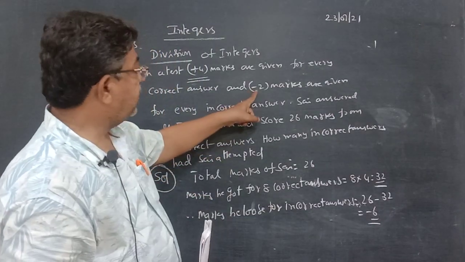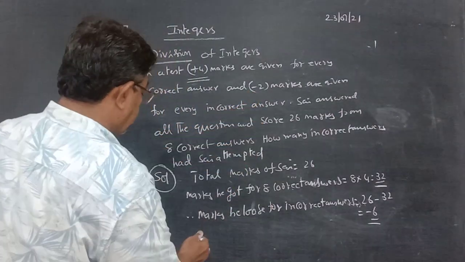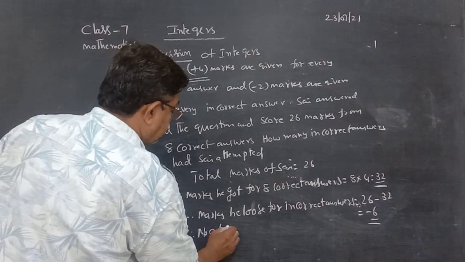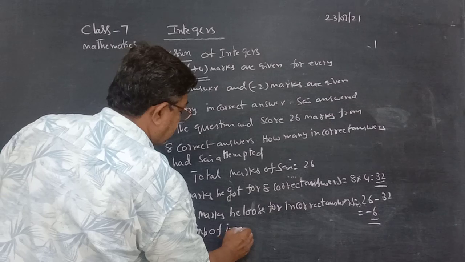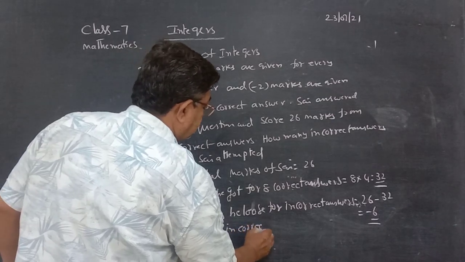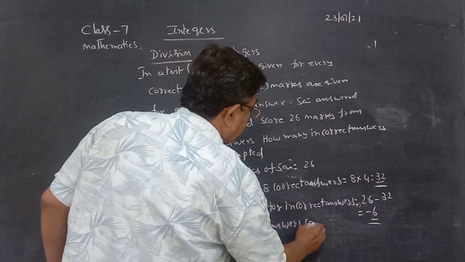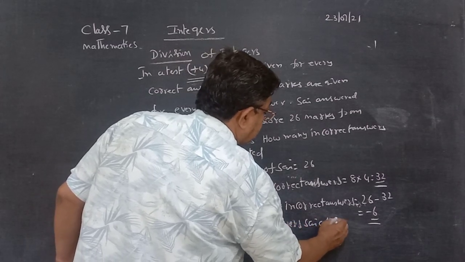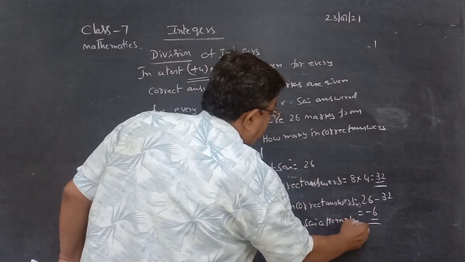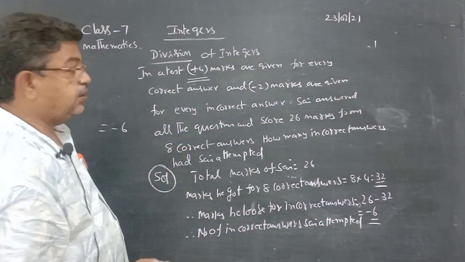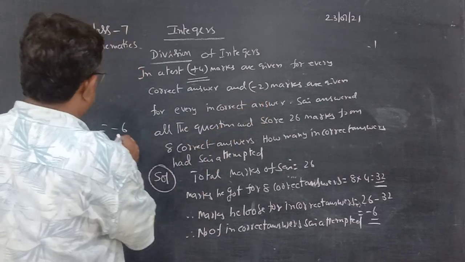And what is the mark for each incorrect answer? Minus 2. Therefore, the number of incorrect answers Sai attempted: the total negative marks obtained by Sai is minus 6 and each incorrect question is minus 2.